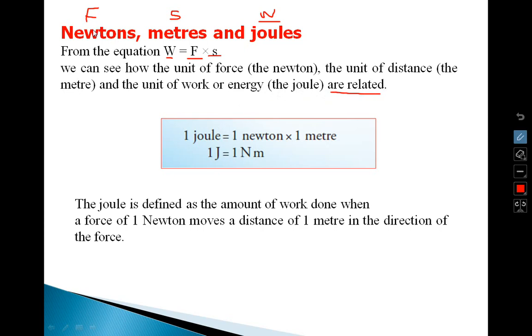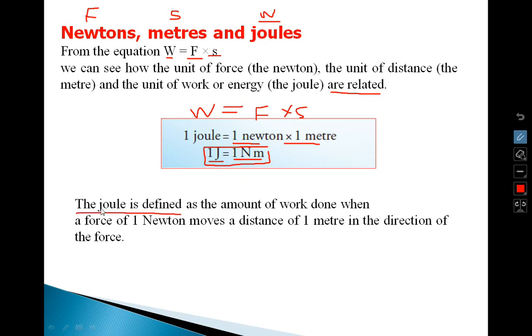So we have W equal to F times S. So 1 joule is equal to 1 Newton times 1 meter. 1 joule is equal to 1 Newton meter. This is the final relation. 1 joule of energy, or of work done, is equal to 1 Newton force meter.